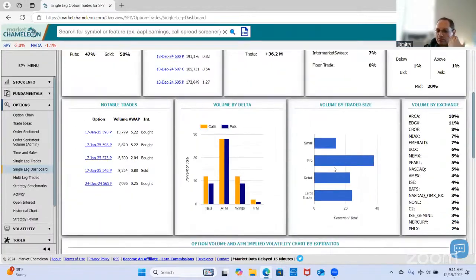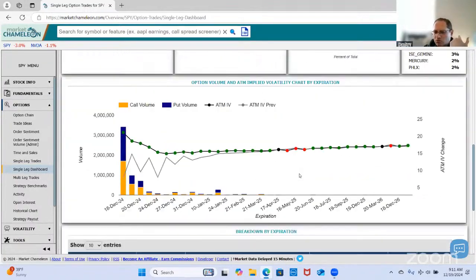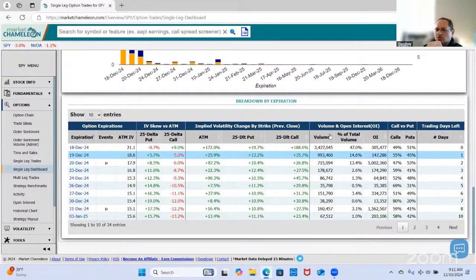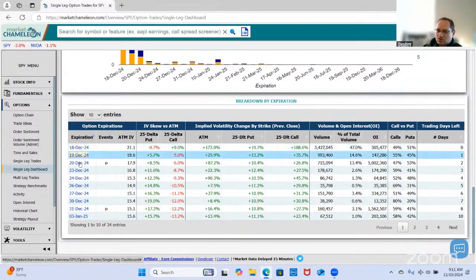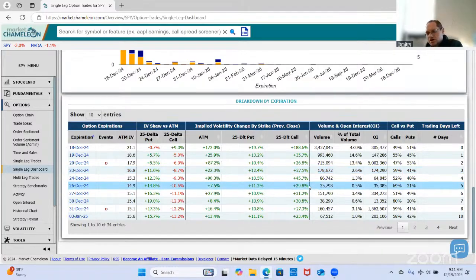But we did end up going to the table below, and we talked about this particular table. It lists all the different options expirations, and then gives us statistics about each of those options expirations. So when we look at skew, well, which option expiration do we reference?